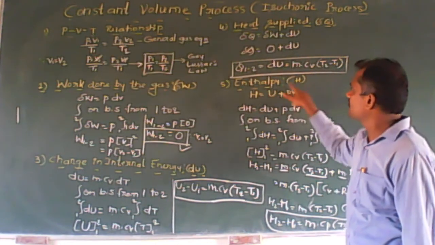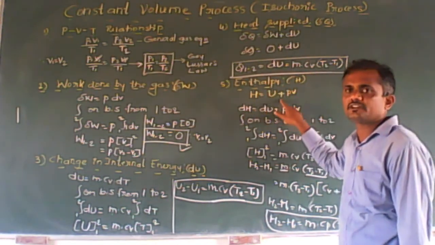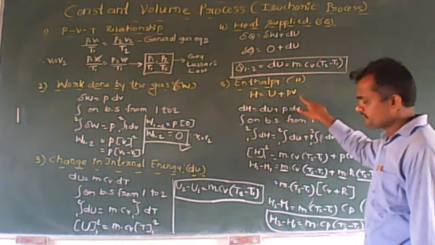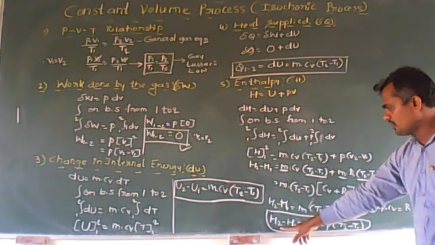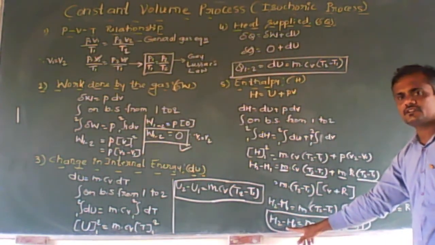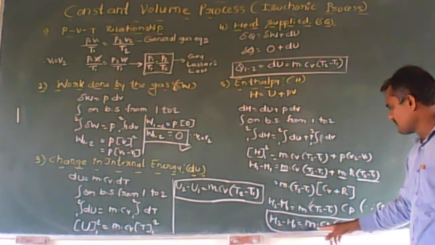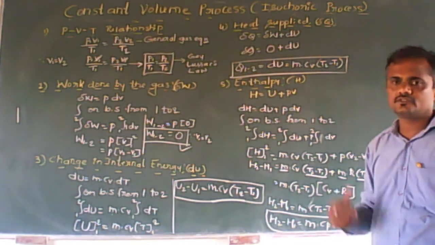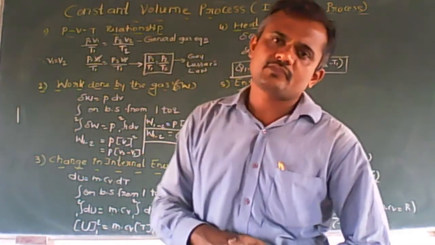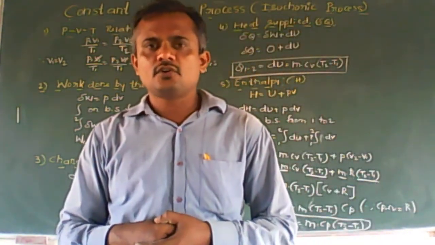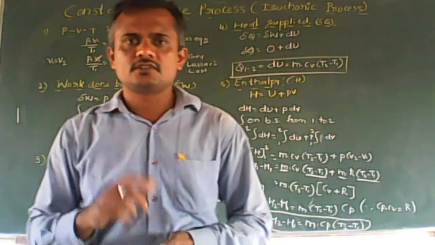And afterwards enthalpy: the general expression is H is equal to U plus PV. For a constant volume process, H2 minus H1 is equal to m into Cp into T2 minus T1. So try to remember these 5 equations, and in the next video I will solve one problem related to this. Thank you very much.